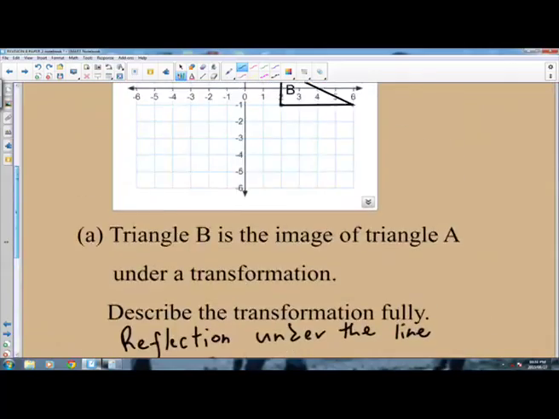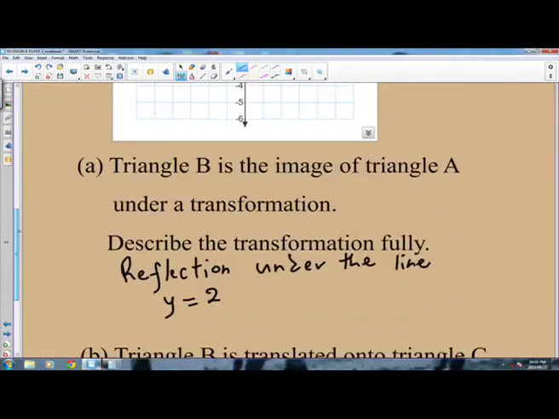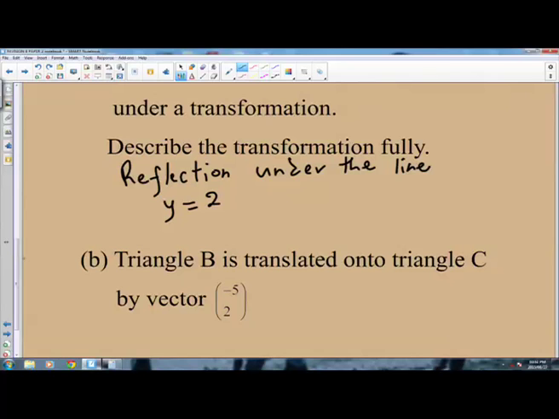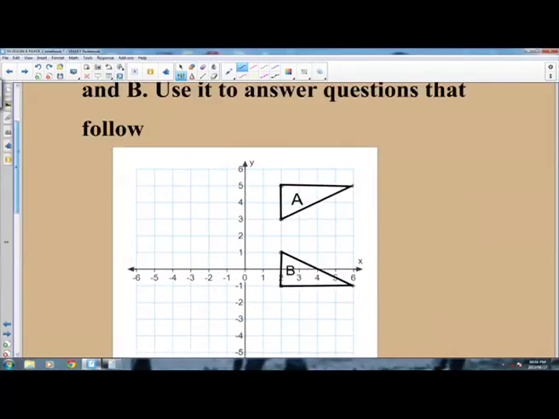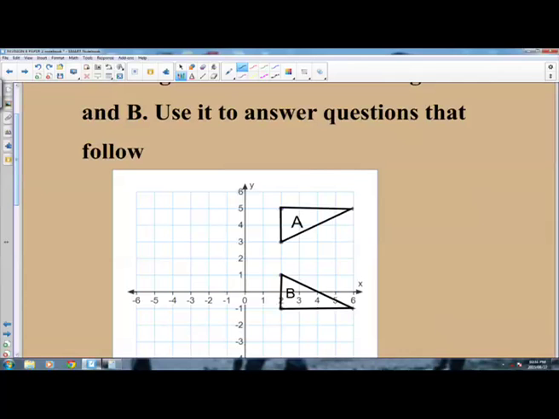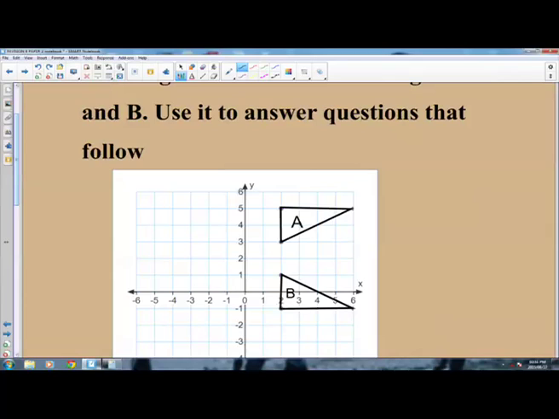So how do we draw this triangle then? Let's check. It says triangle B is translated onto triangle C. So we are to translate triangle B. This is our B. Under translation, every point on this diagram will move the same distance in the same direction. So we are told to translate using vector -5, 2.